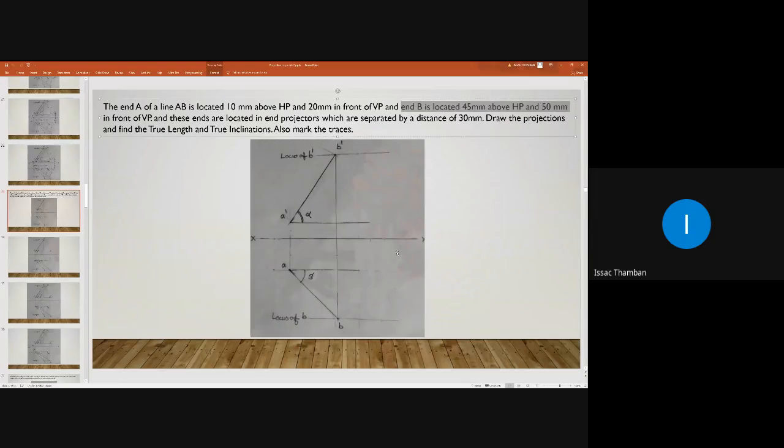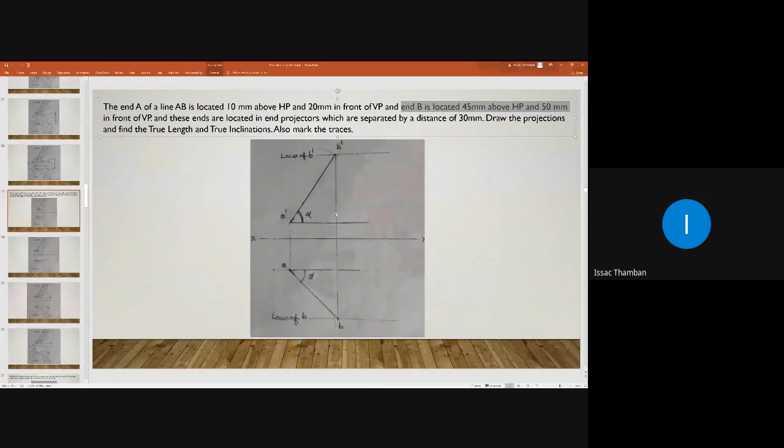Have you marked B dash and B? Can I proceed? Yes, sir. Okay, so we obtained B dash and B. This distance is given and it is 45 mm. This distance is given and it is 50 mm.